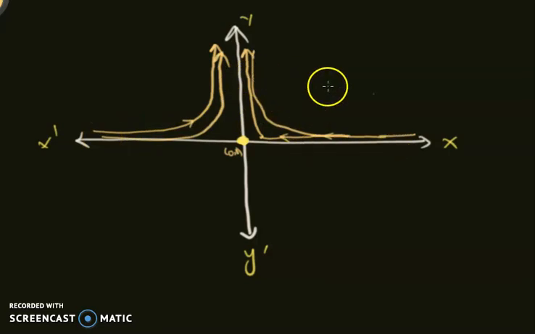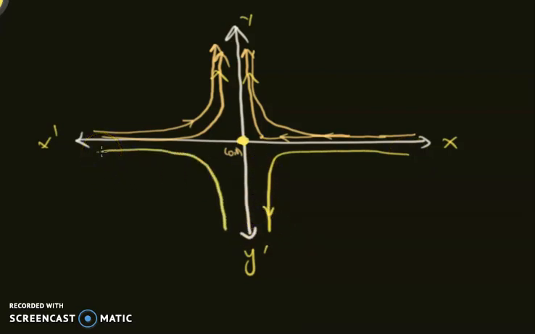If any trajectory is moving from here towards 0, 0, then it will be reflected towards the y-axis. Similarly, from here it's moving towards 0, 0 along the x-axis, but then along the y-axis it goes like this.